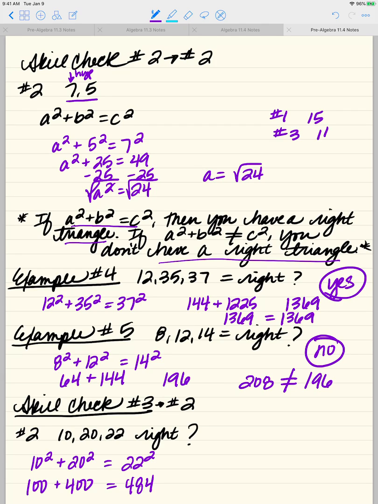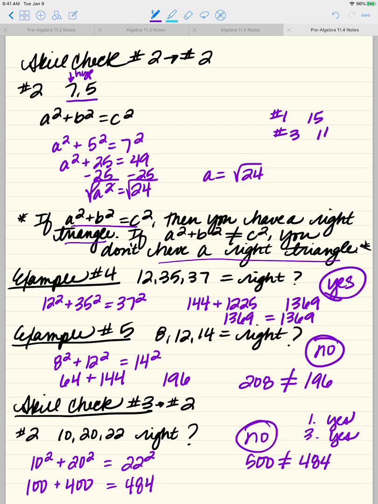Is 100 plus 400 484? No. It's 500. 500 is not equal to 484. So number 2 is no. It is not a right triangle. Number 1, if you're practicing, the answer is yes. Number 3, if you're practicing, the answer is yes.